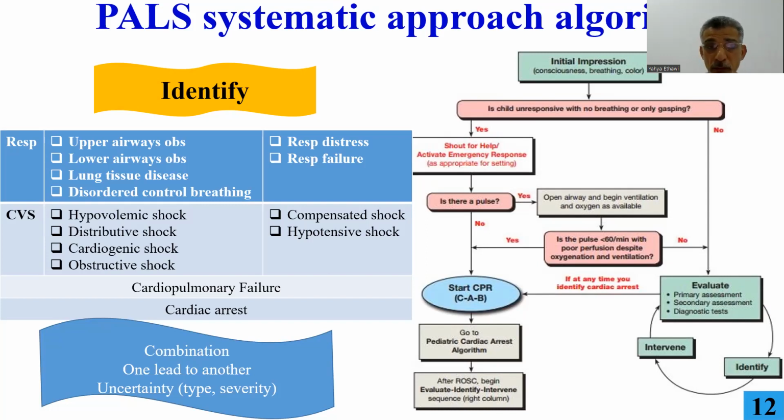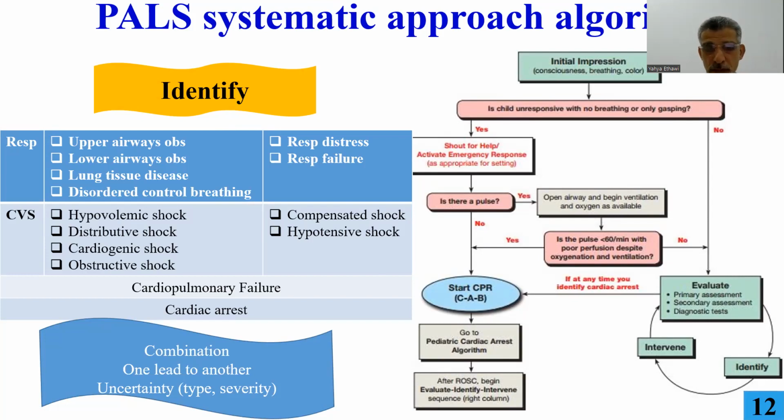For the respiratory problem, we identify: is it upper airway? Is it lower airway? Is it lung tissue disease? Is it disordered controlled breathing? That's our identification.